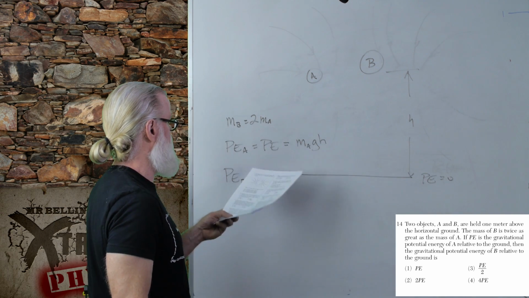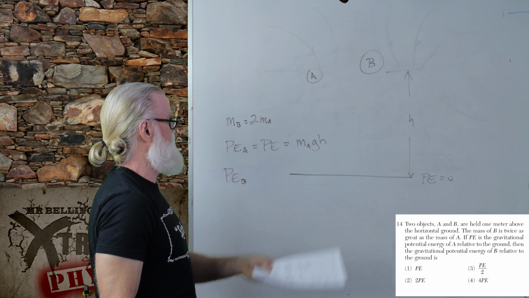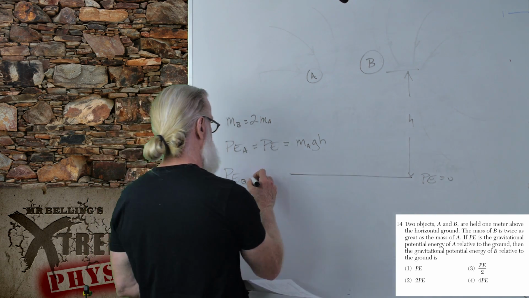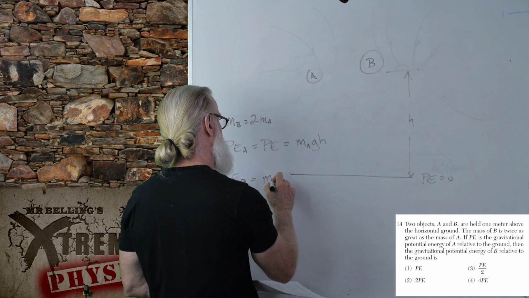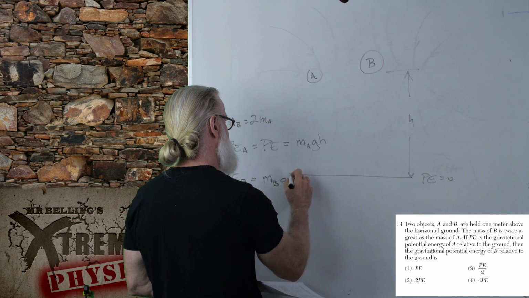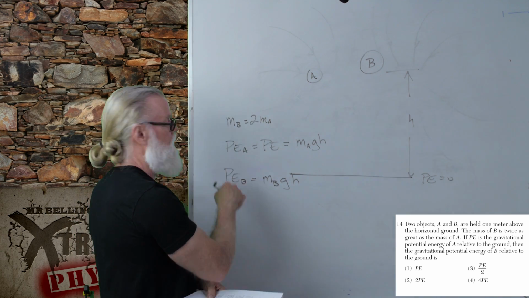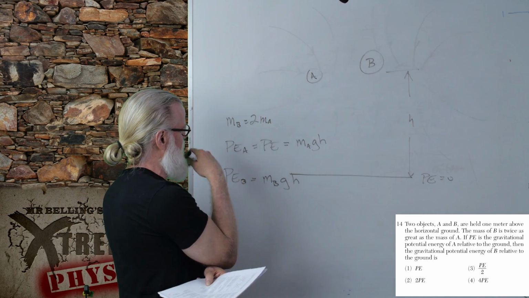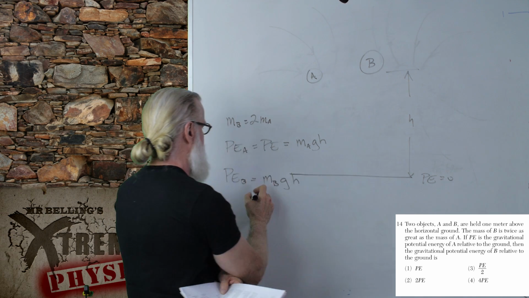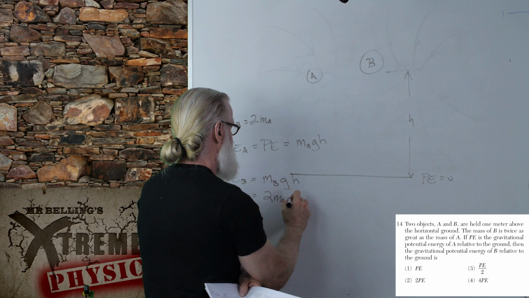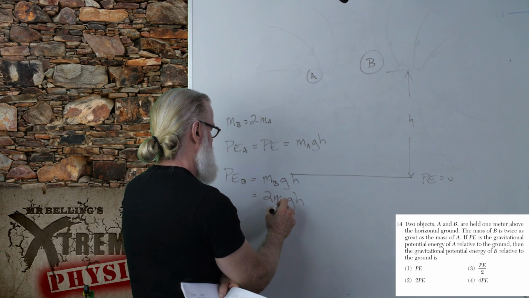So the potential energy at A is M-A-G-H. What is B? That is MB, G, the same H. But now this is similar to that earlier question we had. MB is 2 mass A, so I'm going to replace that in there: 2 mass A, G, H.